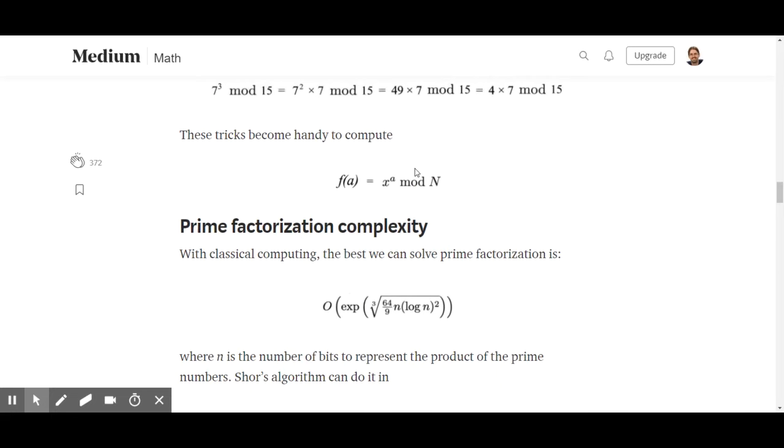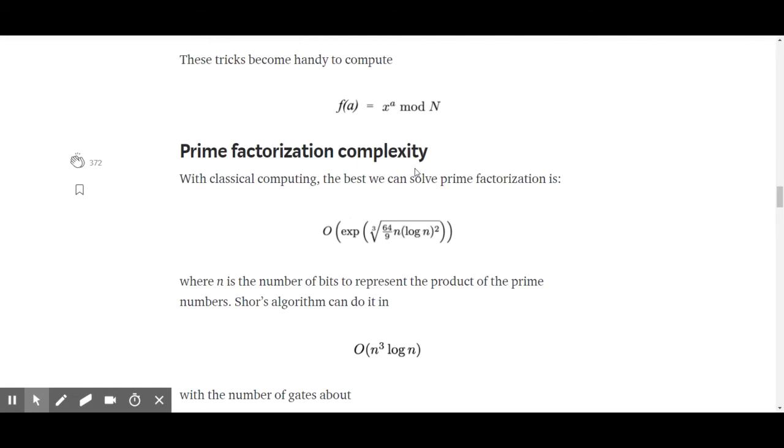And if that period fulfills certain characteristics, then you're done. If it doesn't, then you're going to try another x. That's how this is classically wrapped.